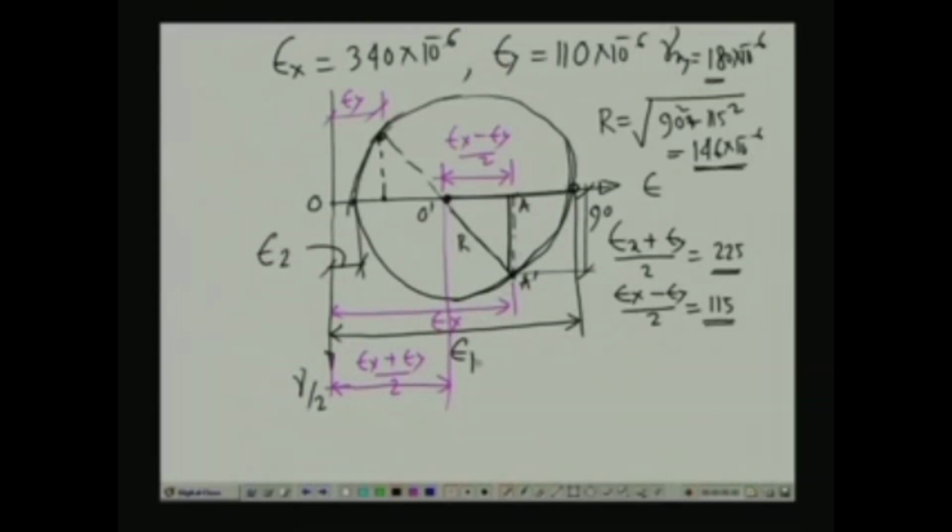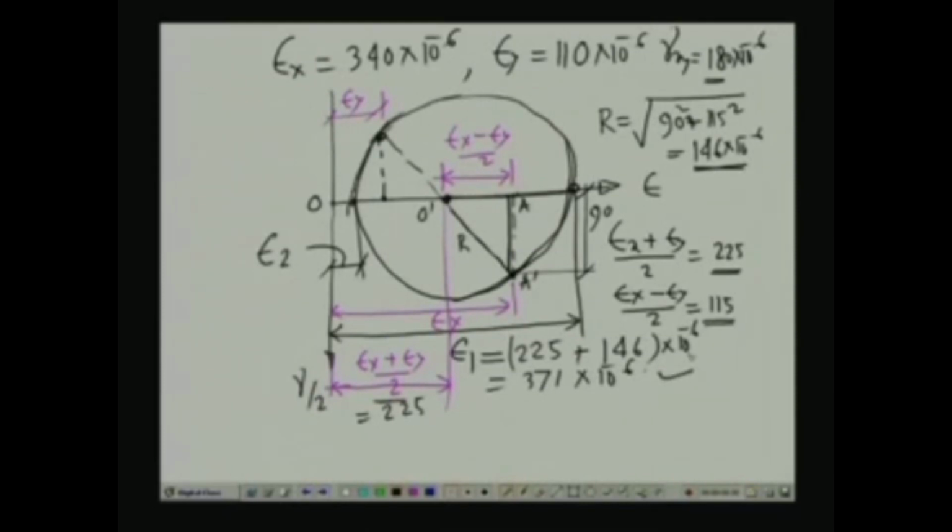So, the value of maximum normal strain epsilon 1 is equal to O dash plus the radius r, and O dash is equal to epsilon x plus epsilon y by 2, which is 225. So, 225 plus 146 gives us the maximum normal strain, which is 371 into 10 to the power minus 6.